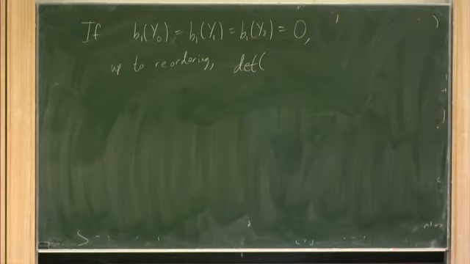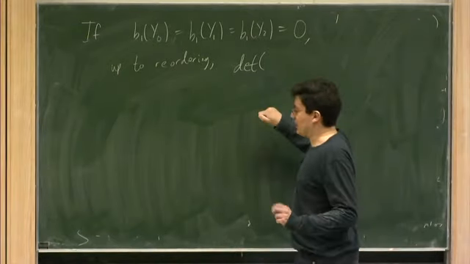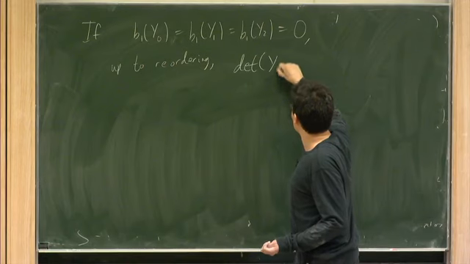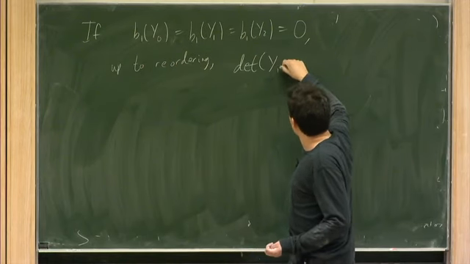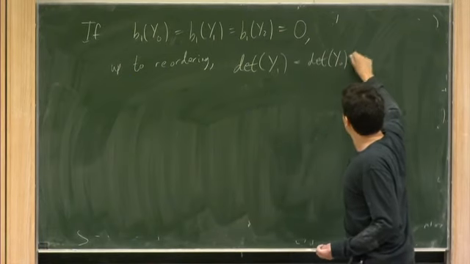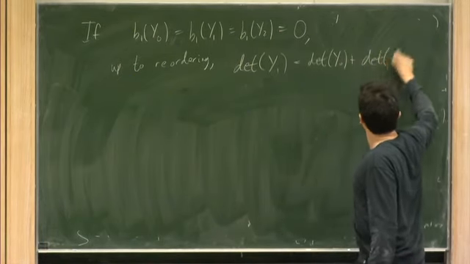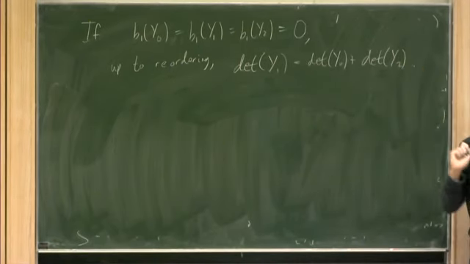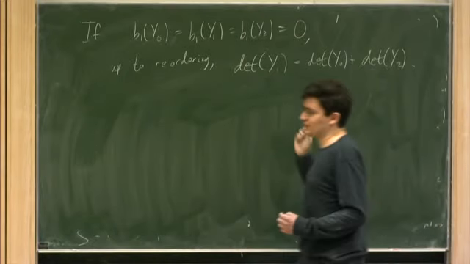So the determinant of, let's say, y1 is equal to the determinant of y0 plus the determinant of y2, for instance. That's just some basic algebra that you have to do to figure this out.